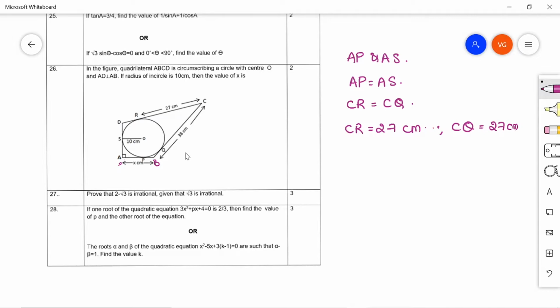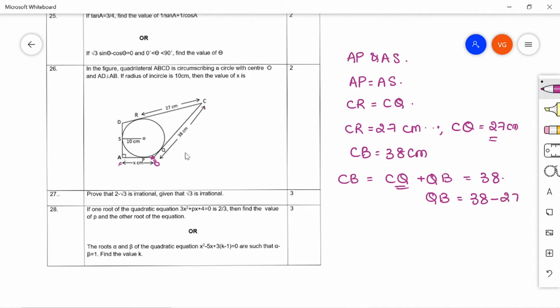And they have given CB as 38 centimeter. This CB can be written as CQ plus QB, so that is equal to 38. Then QB is 38 minus CQ. CQ is how much? 27. So that will be 11 centimeter.